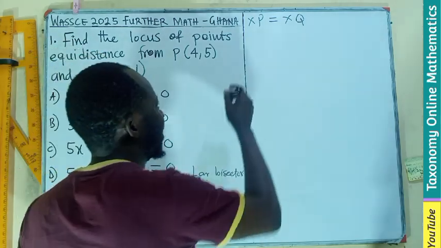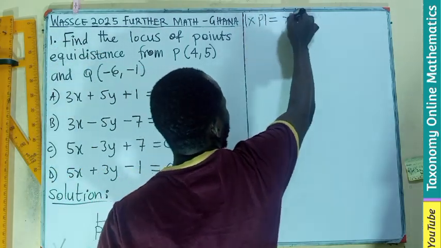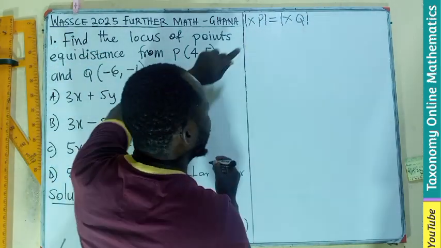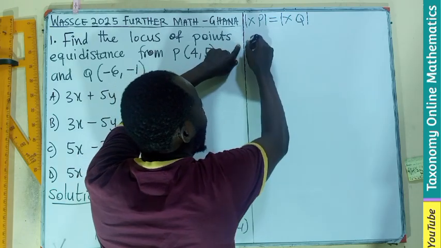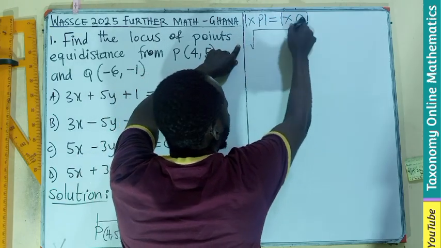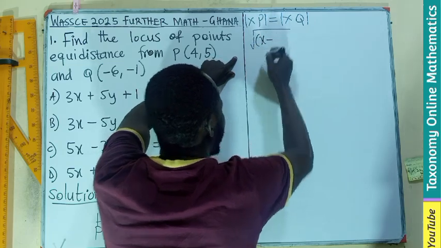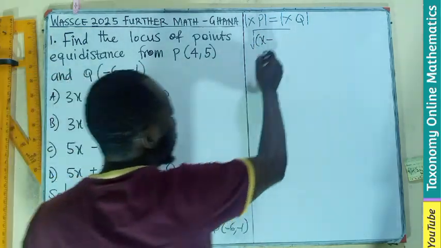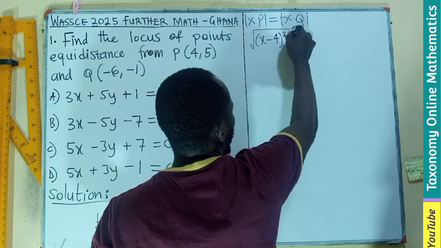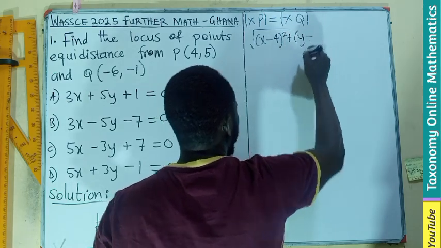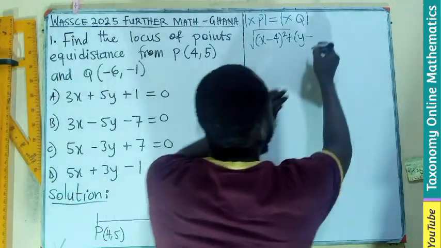If I want to find the length, I find the magnitude. The magnitude is going to be the square root of the x component, so let me begin from here: x minus 4, all squared, plus y minus 5, all squared.